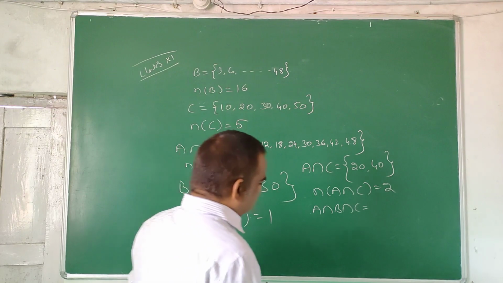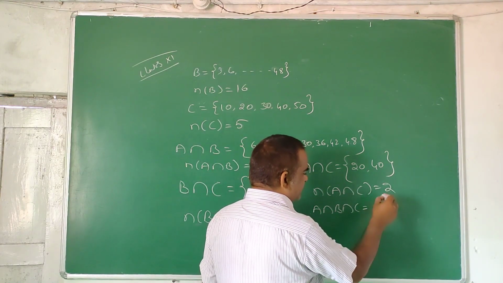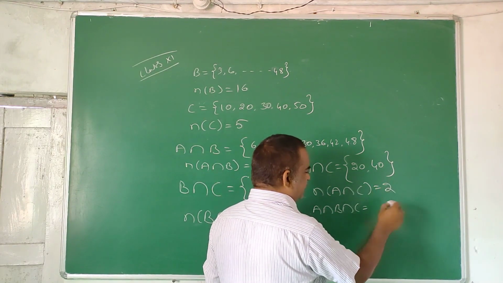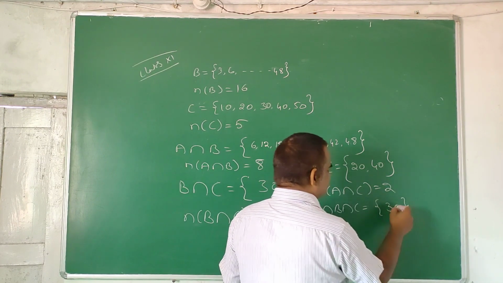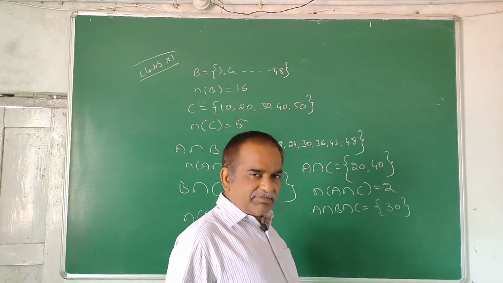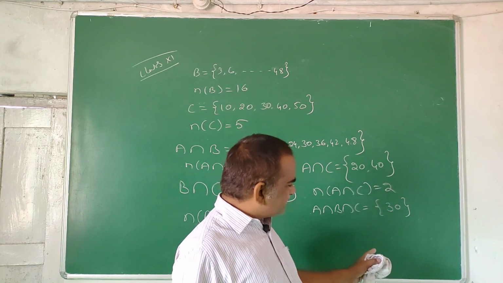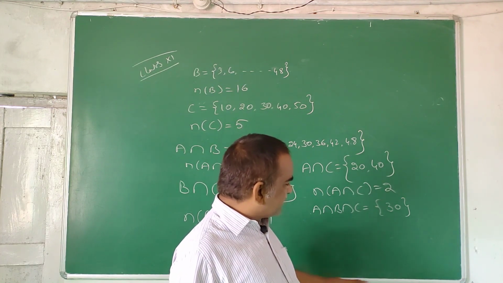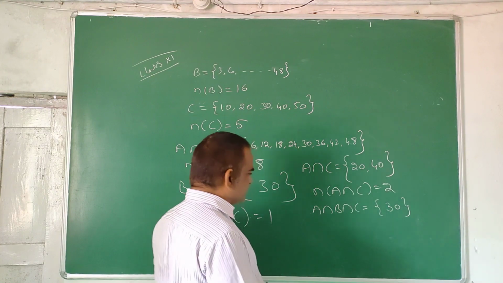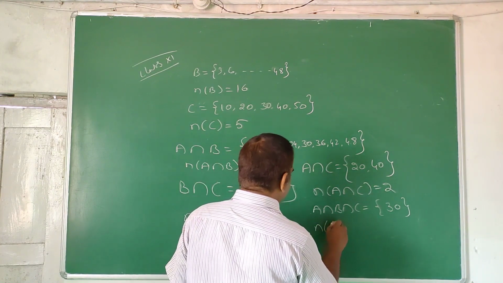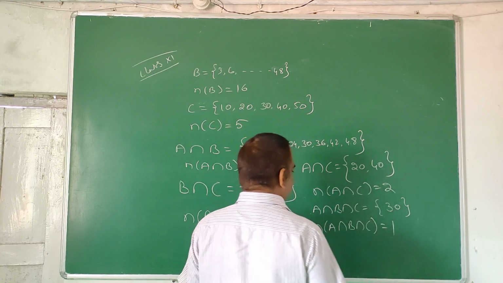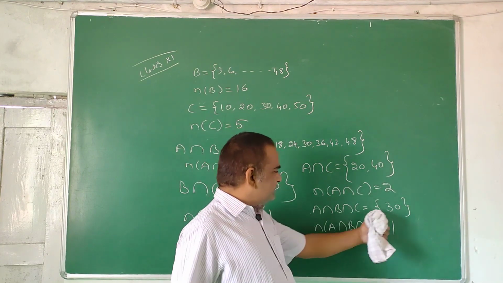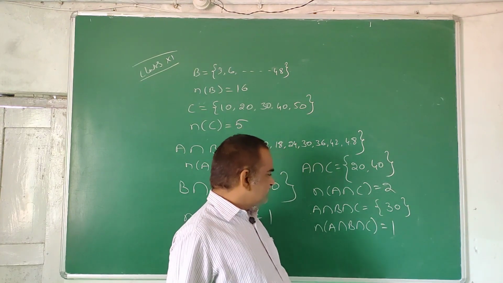An integer which is a multiple of 2 and 3 and 10, it is only 30. So n(A intersection B intersection C) is equal to 1.